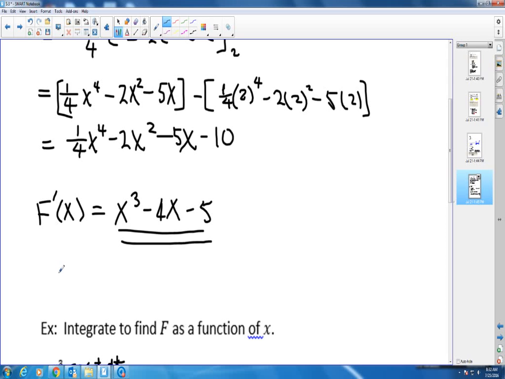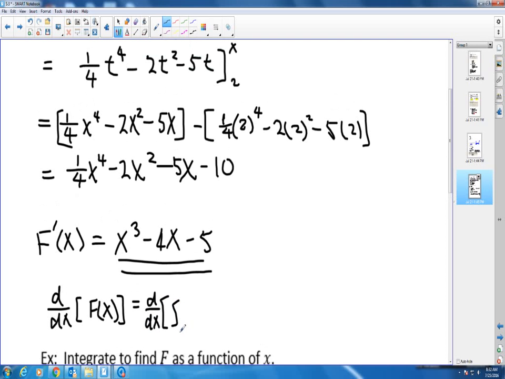Alright, so it kind of makes sense that the derivative of the antiderivative is the same as taking a derivative of the integral from 2 to x of my function in terms of t, t to the 3rd minus 4t minus 5 dt, which is eventually saying taking a derivative of my antiderivative, 1/4 x to the 4th minus 2x squared minus 5x minus 10.